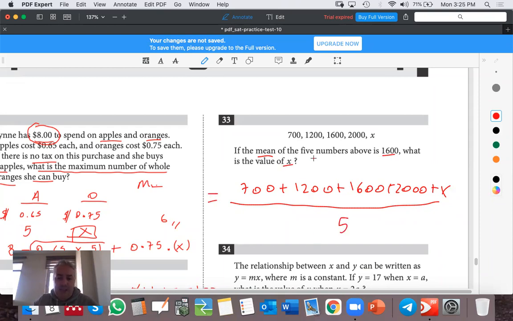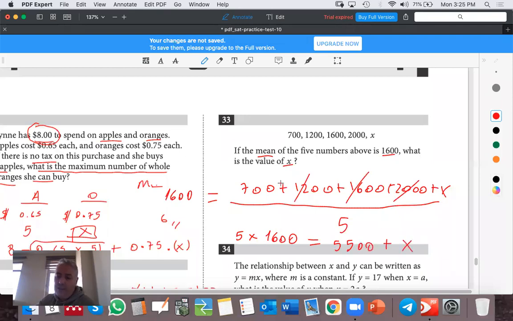So this is given as 1,600. How can I solve this question? 5 times 1,600 is equal to this total. So it will be 5,050.